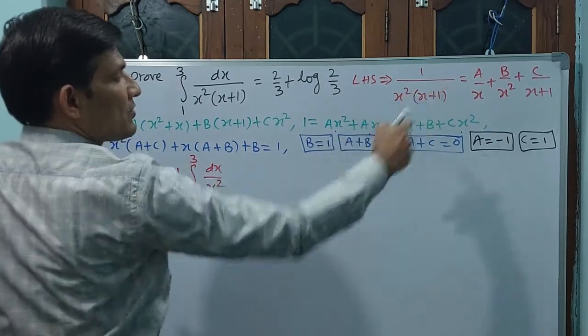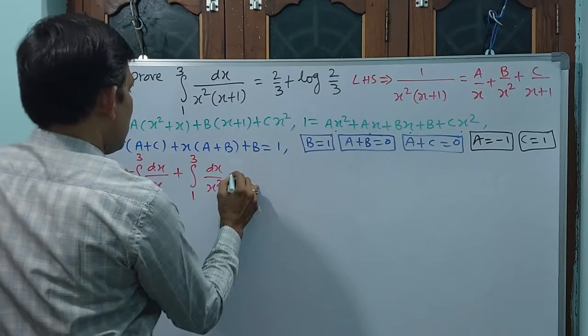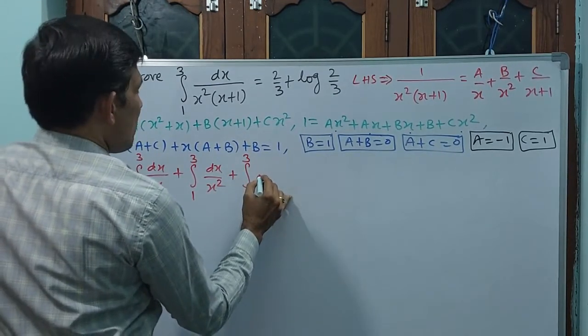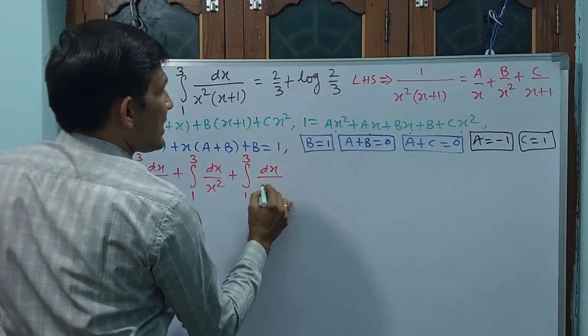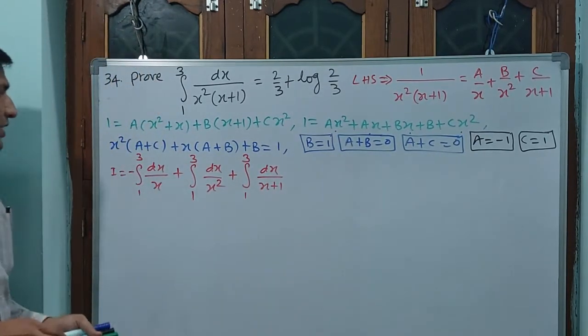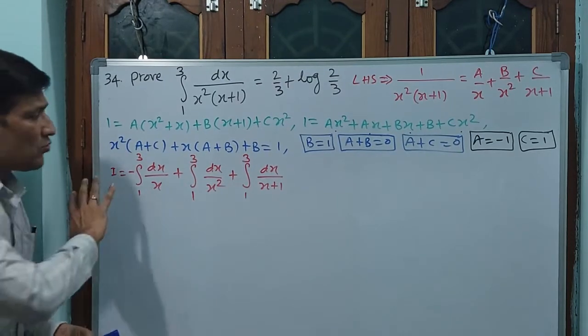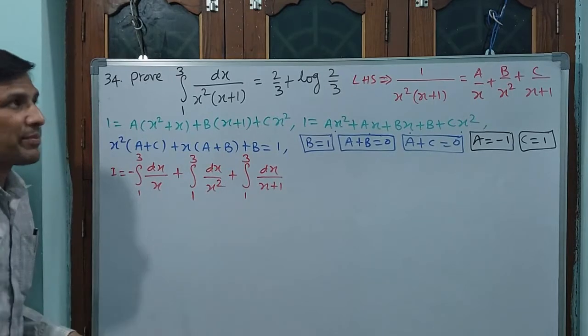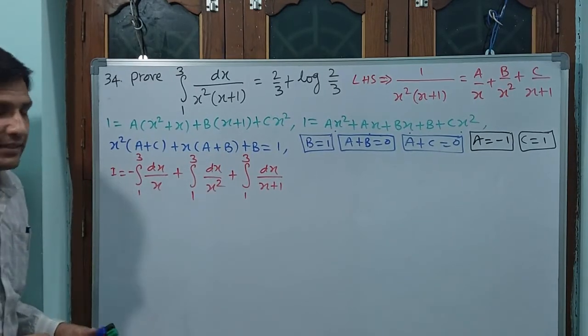Now go for c. C is how much? C is also 1. Plus integral 1 to 3. But see, 1 means here you have to write as x plus 1. Don't forget. Okay. See here, if you are able to do at one go, you do, or else you take I1, I2, I3 like that and make it separate. Why? Because you should not get any wrong answer.